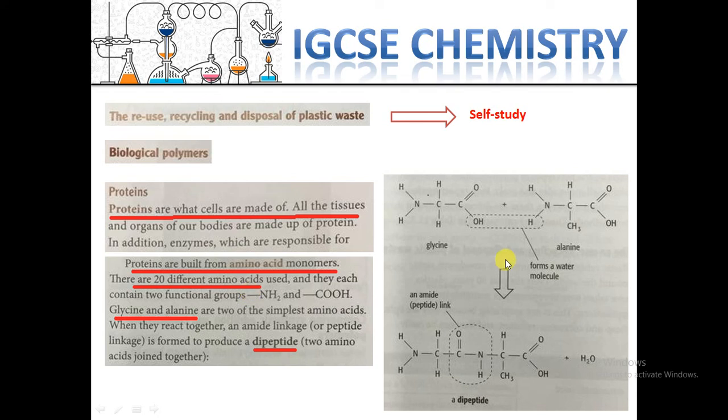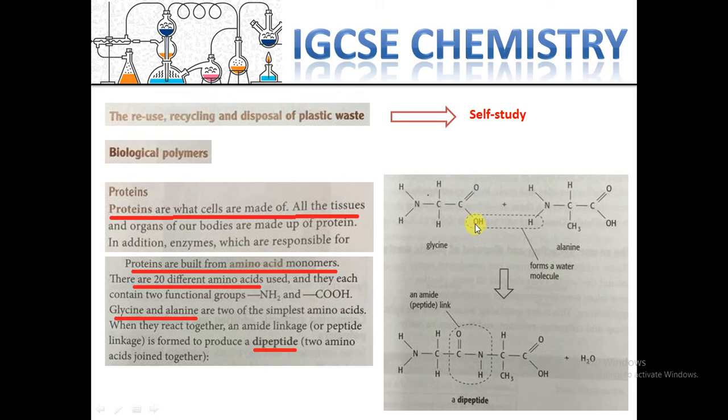So at the right side you can see the structure of the glycine and alanine. Alanine has one side amine group, nitrogen and two hydrogen, and glycine has a carboxylic group on one side.